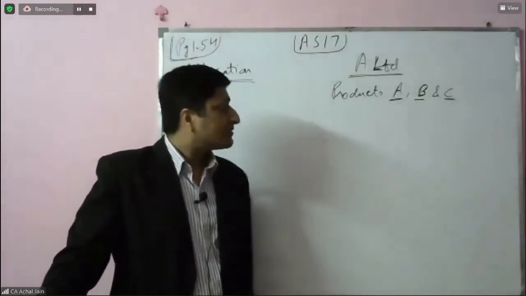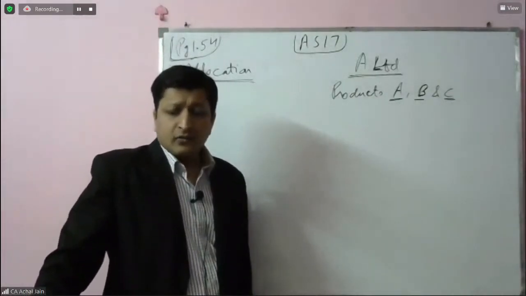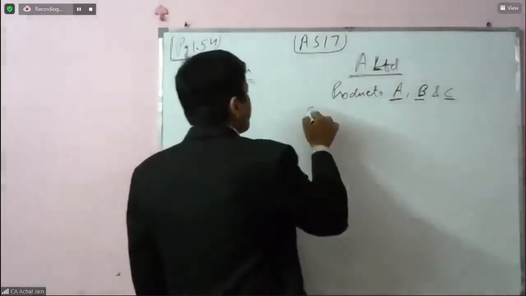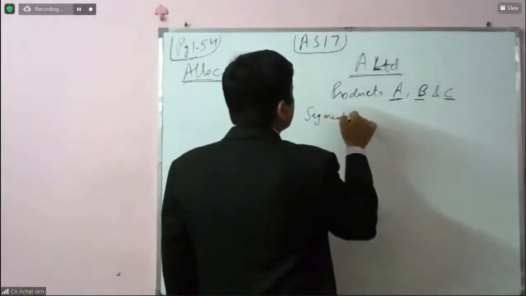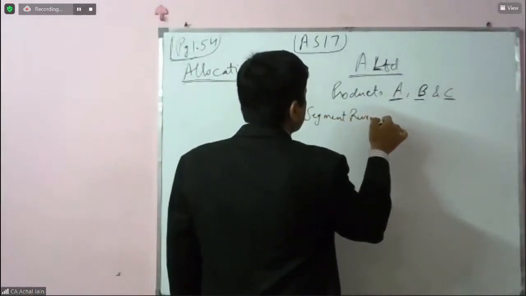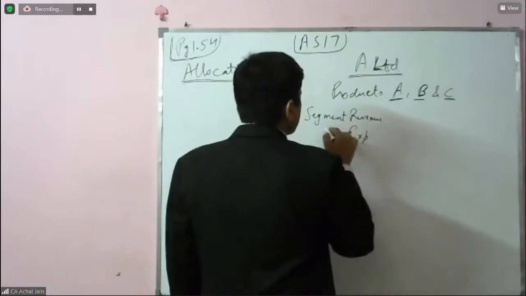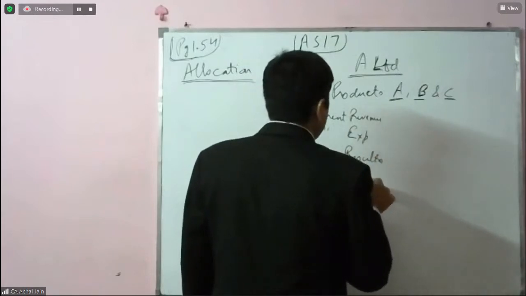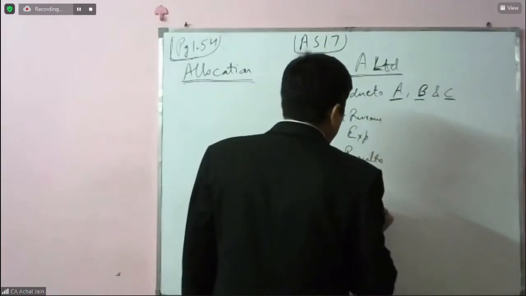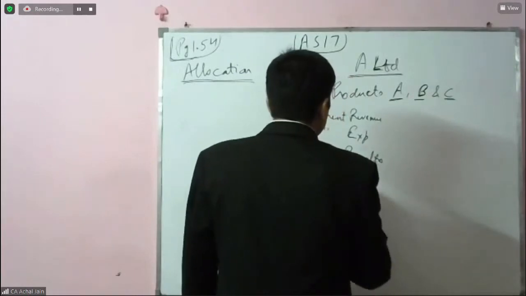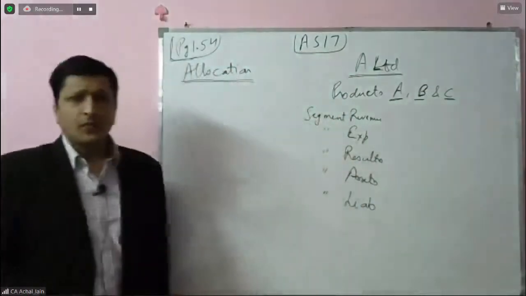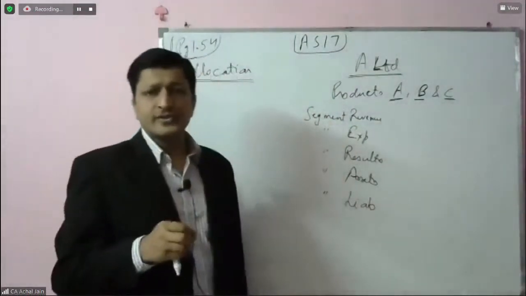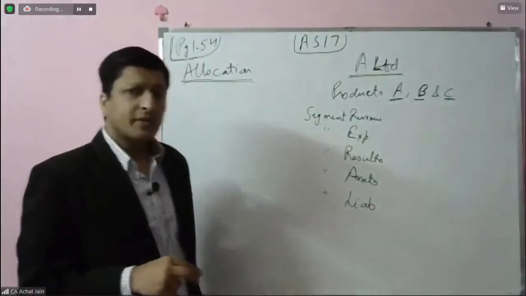In such a case, for this company, we need to identify a few things: segment revenue, segment expenses, results, assets, liabilities. Okay. Say for example, company has got only one office. They've got only one office.